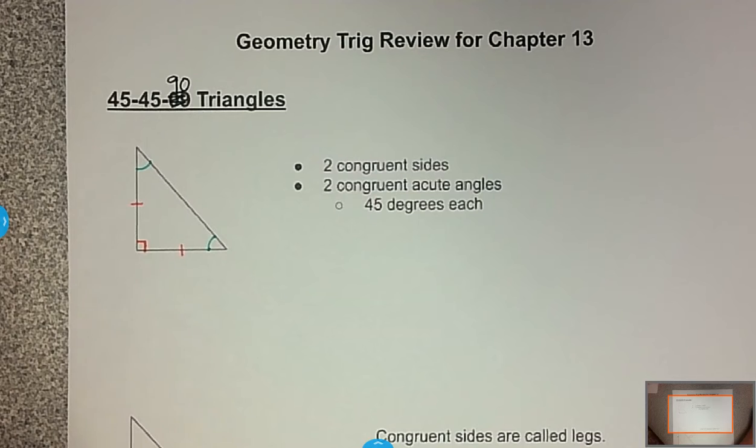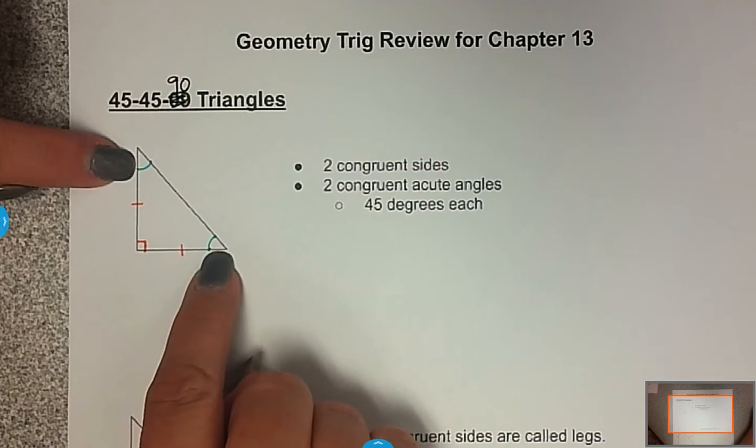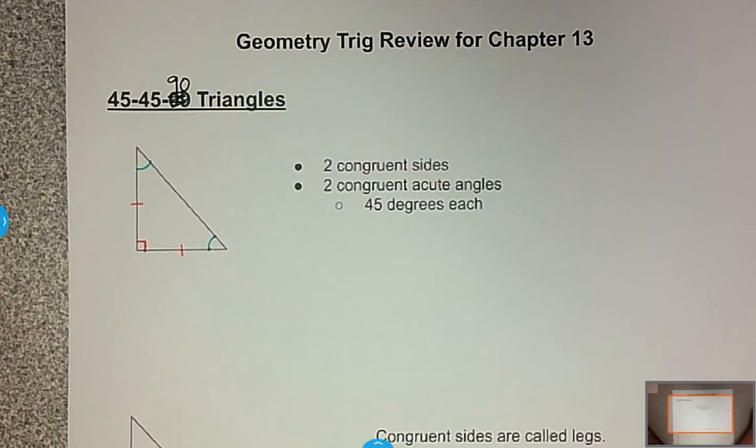Also, you have two congruent acute angles. So here, the congruent angles are marked. They are each 45 degrees, and sometimes they will just mark those angles as congruent, and you are supposed to know that it's a 45, 45, 90.